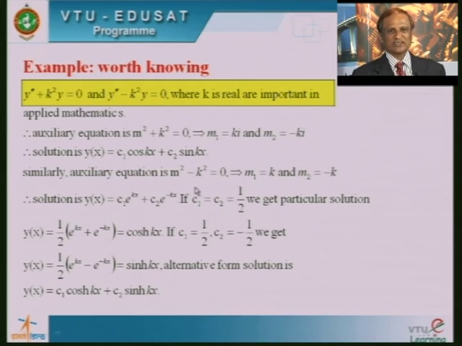Therefore, m square is equal to k square. Therefore, m1 is equal to k, m2 is equal to minus k, right. So, you will get 2 roots, real and different. Then you can write the solution: C1 e to the power kx, C2 into e to the power minus kx, right.